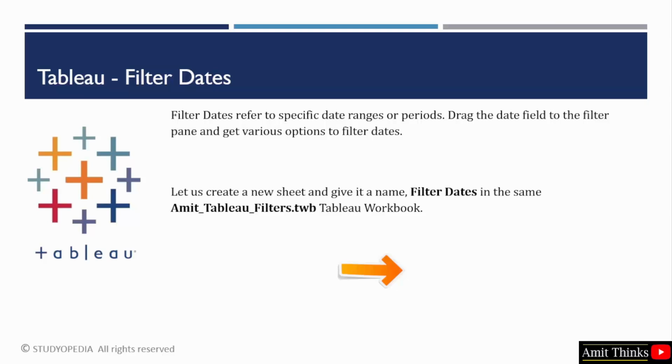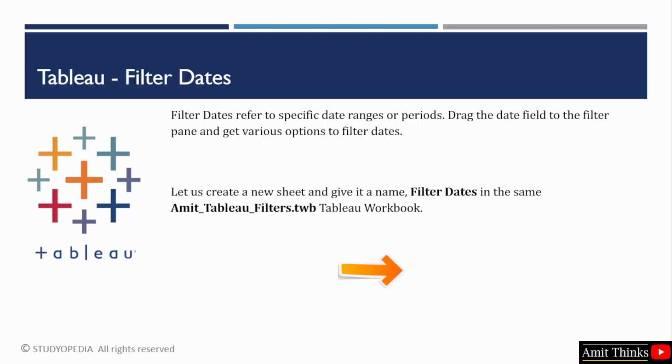Just like we did in the previous lectures to filter dimensions and measures, we will drag any of the date fields to the filters shelf or pane so that you can filter by dates. It also helps you in analyzing specific time periods, trends and seasonal patterns more effectively, like selecting relative dates, selecting time frame. Okay, so we will see an example.